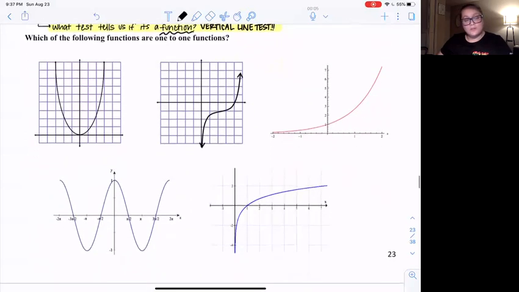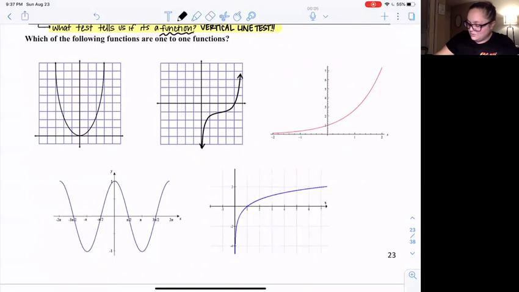Okay, so this top one, I'm going to take a horizontal line and, oh, well, it looks like it passes through more than once, so nope, that is not one-to-one. Okay, well, what about this one? All right.